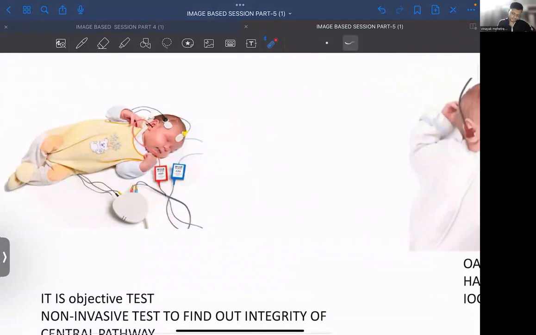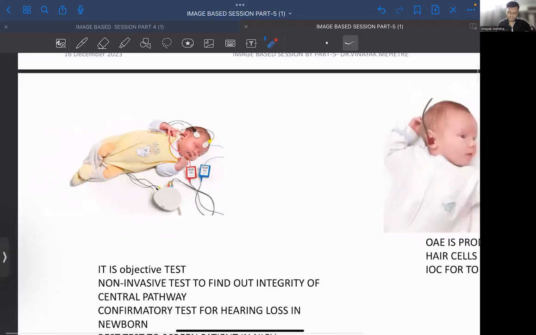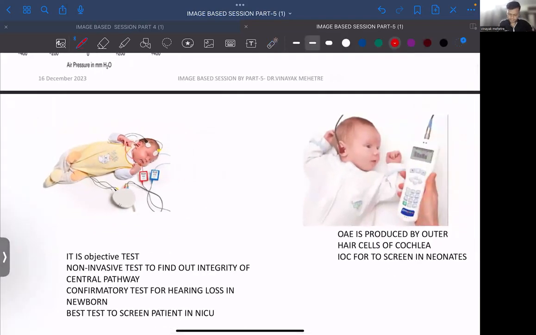A child with multiple probes going on his head and in the ear is called BERA. क्या बोलेंगे हम इसे? BERA. Okay, BERA, right?